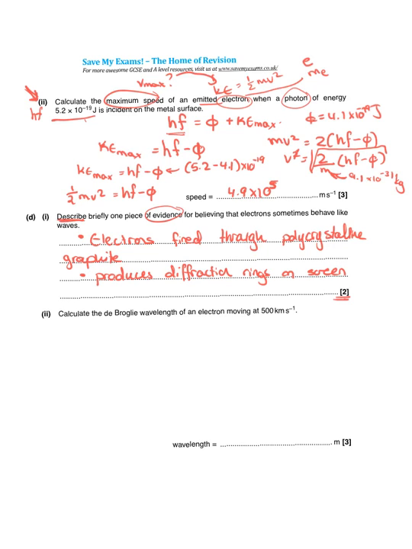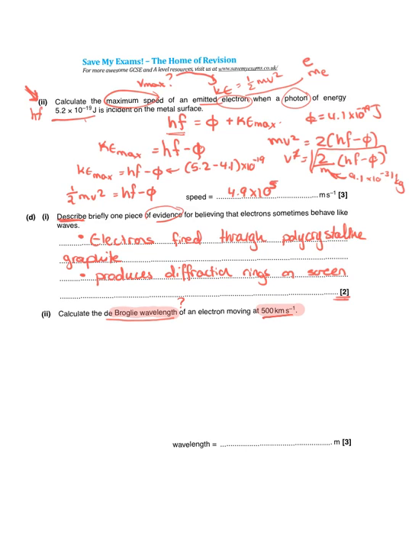Now it says calculate the de Broglie wavelength of an electron moving at 500... Oh, I think I should use a highlighter for this. So this is what I need to calculate, and this is what I'm given.